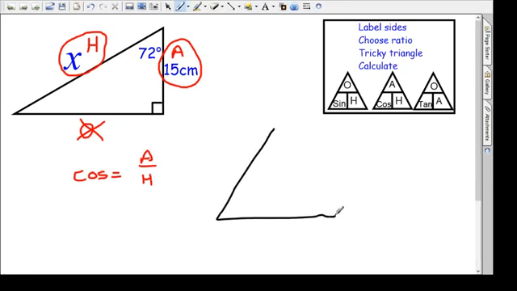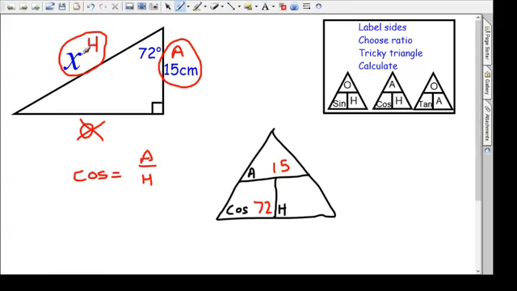Draw our tricky triangle. Cos is A over H. So that's what we want. We'll fill in our values. So the cos, the angle is 72. The A is 15.